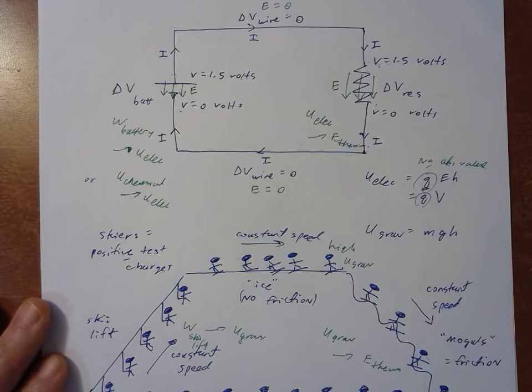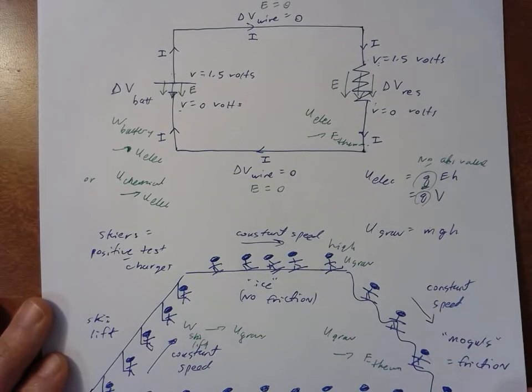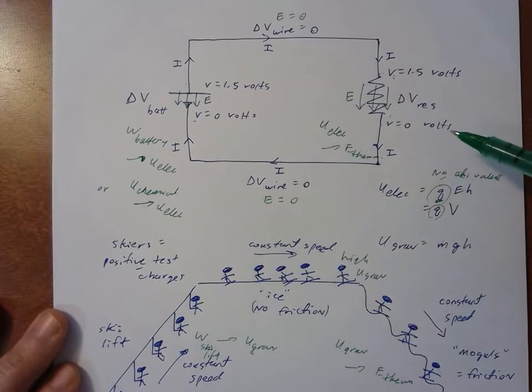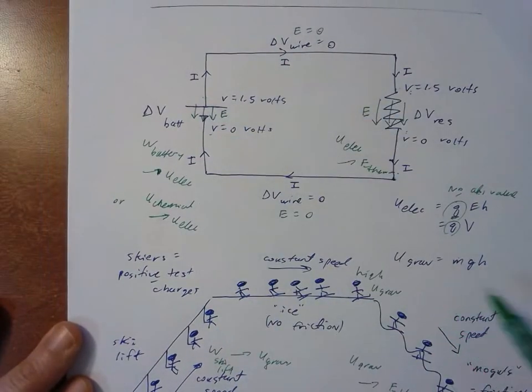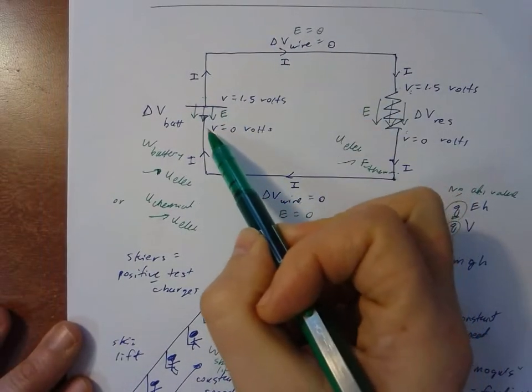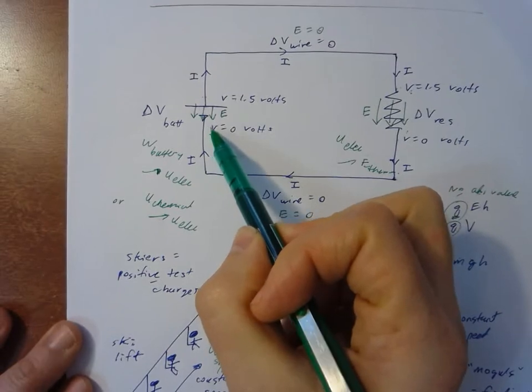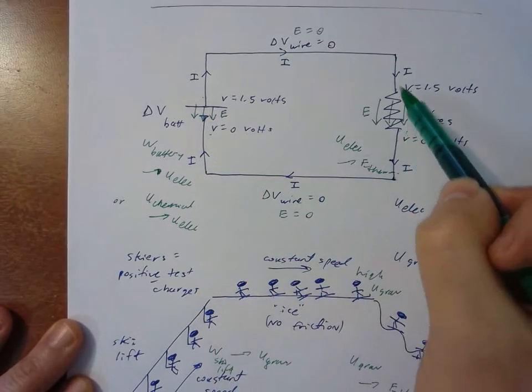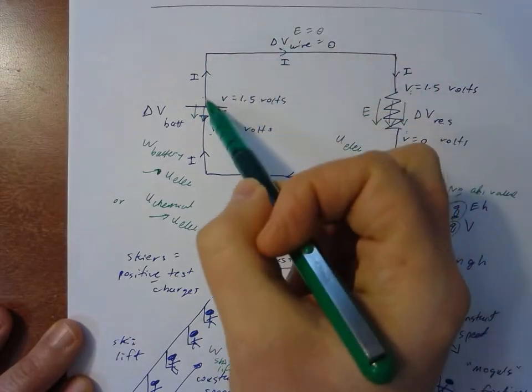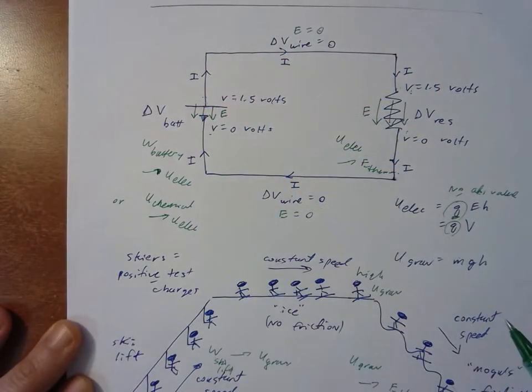All right, we're going to do one problem with this example. So let's think about a single electron that's going to make a round trip. And that single electron is going to start at the negative end of the battery. It's going to go through a wire, go through that resistor, come back through this wire, and then go through the battery.